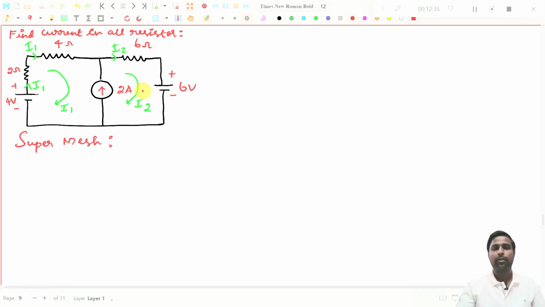Super mesh problems has a different procedure. You see, if you see any problem like this, then you have to assume this I1 in clockwise direction as well as I2 in clockwise direction only. Or you can assume it in both in the anti-clockwise direction. But our procedure, we are going to solve this problem by assuming only in the clockwise direction.